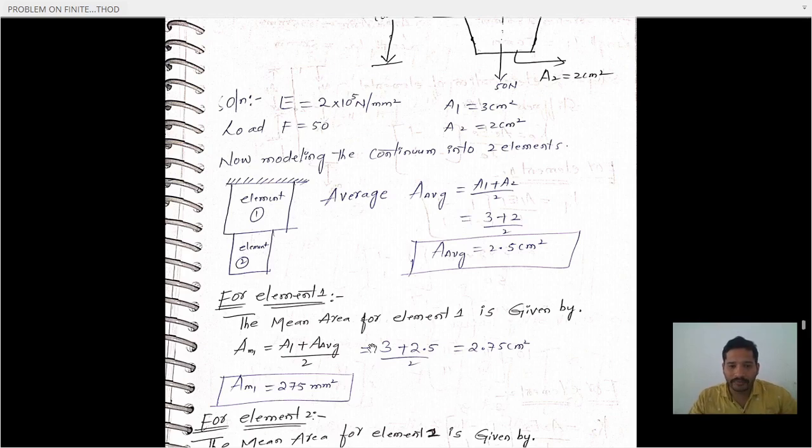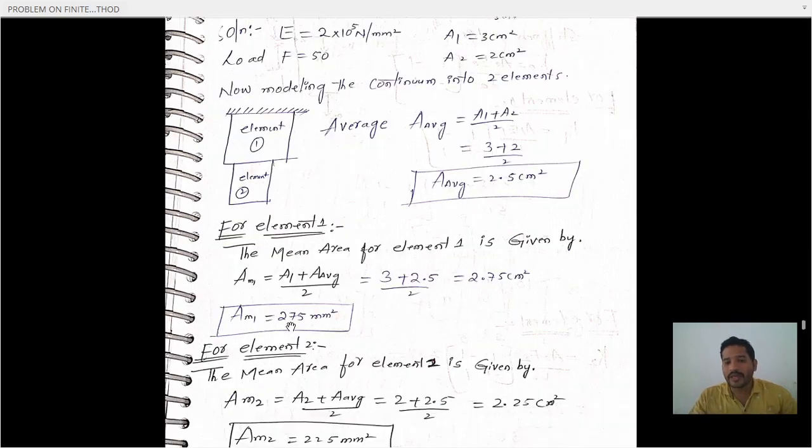After that, we need to find out the mean area of the first element and the mean area of the second element. If you want to find the mean area for the first element, A1m: m is nothing but mean, A indicates area, and 1 indicates the first element.